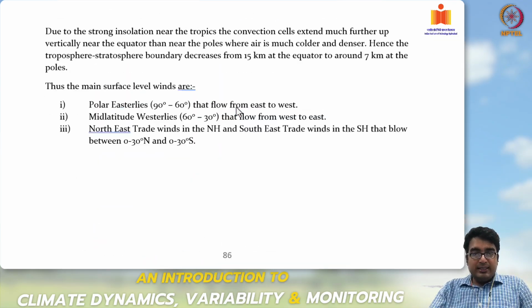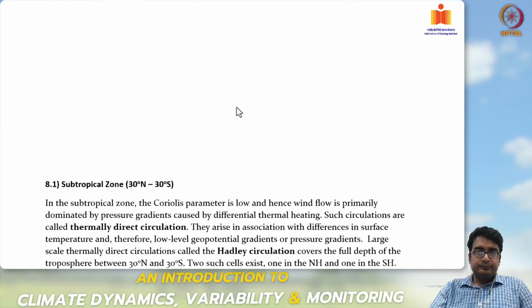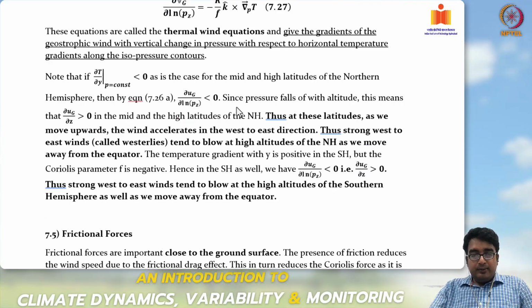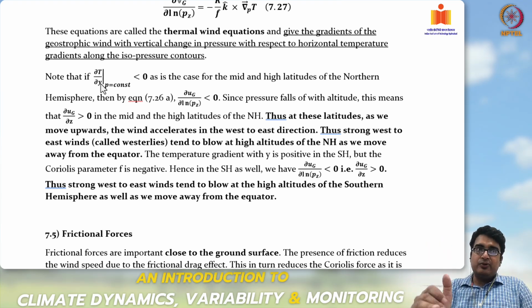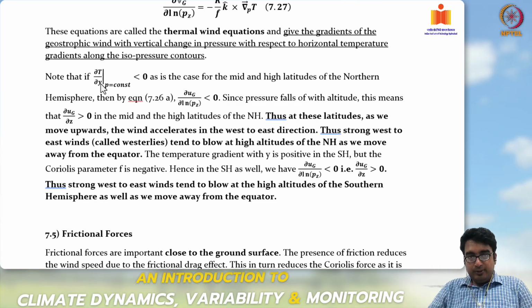How did we see that? So let's recap that discussion a little bit. What we saw here is that if the gradient of temperature in the meridional direction is strongly negative, and this is true in the mid latitudes, because as we move from the south to north across the mid latitudes, the temperature falls very quickly because of the differential insolation.